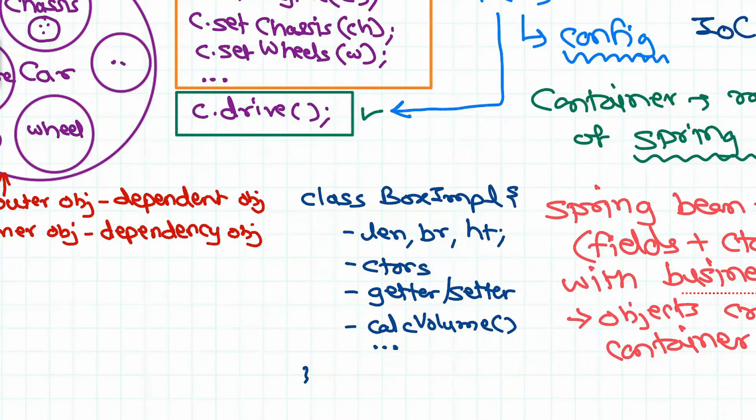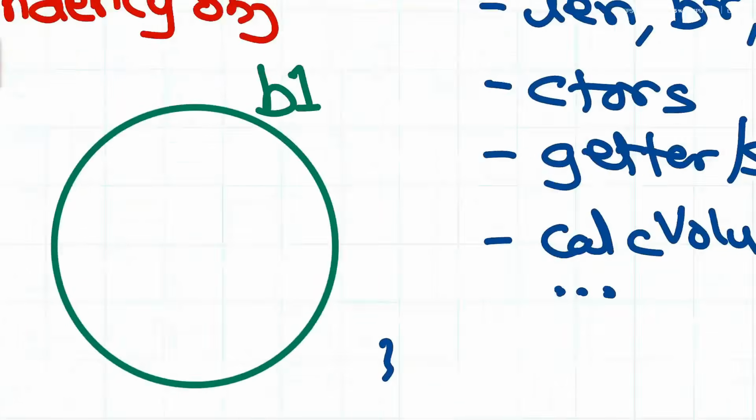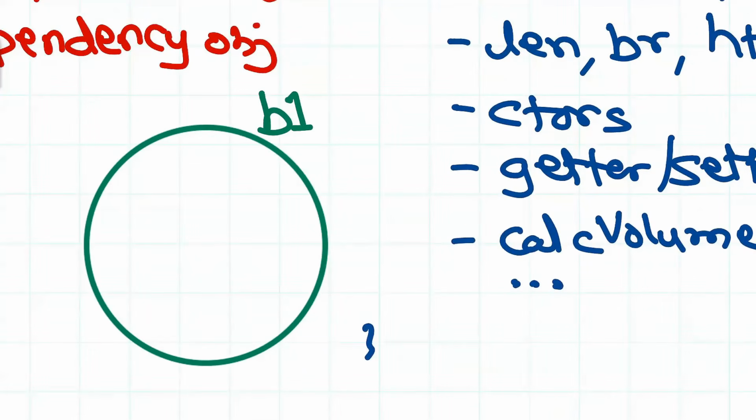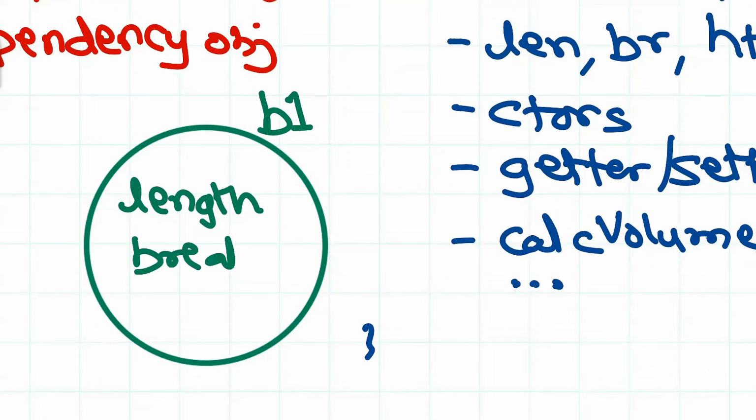So in this particular story, what exactly had we created? We had created the object of box. Let it be the object B1 or B2. Now tell me, B1 is dependent on what? B1 is dependent on, let's say, length. Then we have breadth, which also has a relationship.